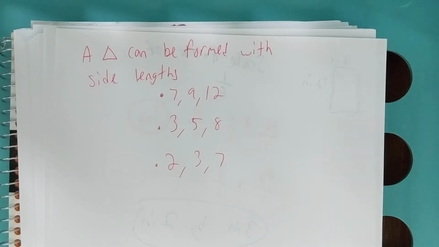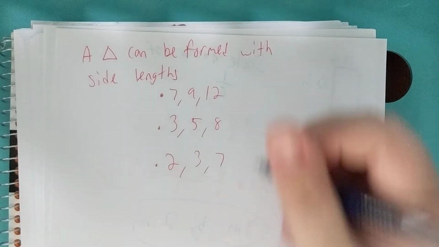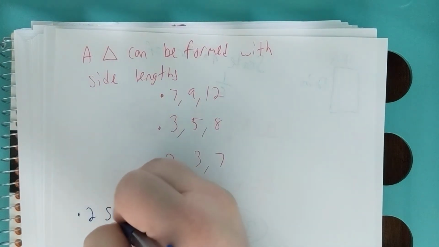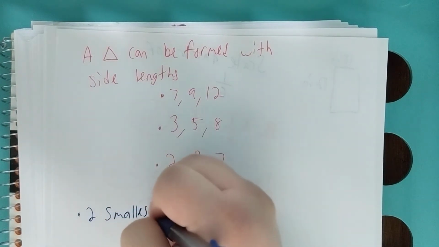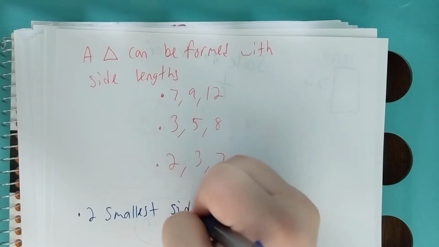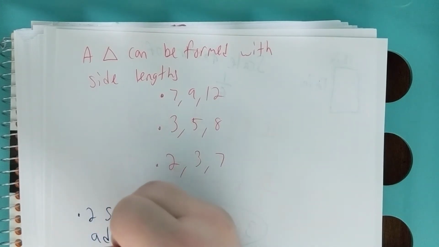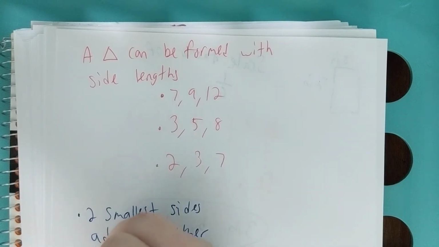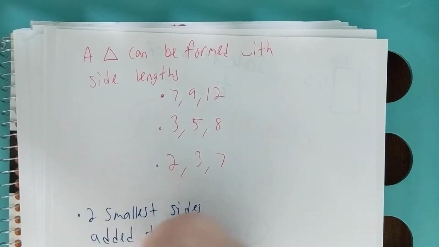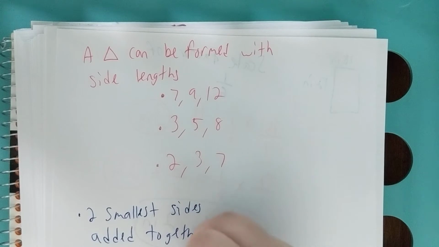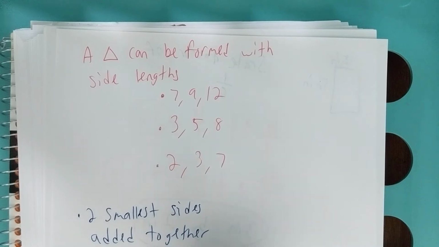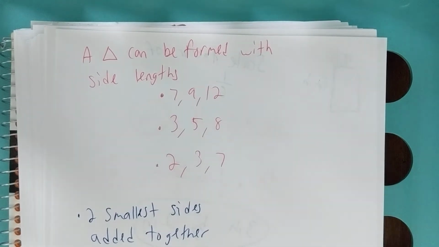I don't know if that's the actual name for it, but that's what I call it. So it tells us the 2 smallest sides added together must be larger than the longest side.